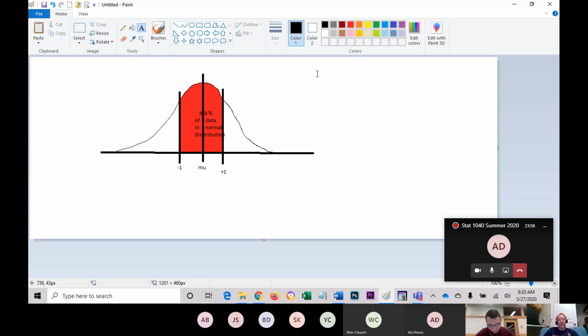Right there. Okay. And so the idea here is, in fact, I can guarantee you this will be a test question. I'll give you a bunch of numbers here and I'll say I want you to draw the normal curve.